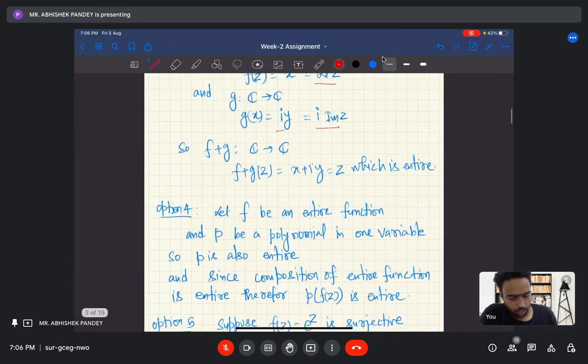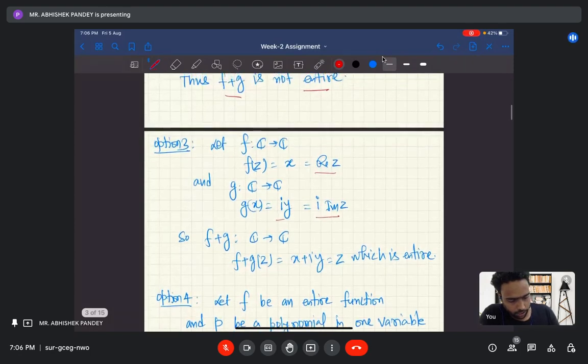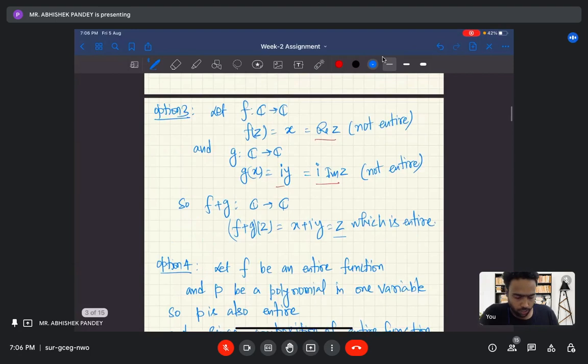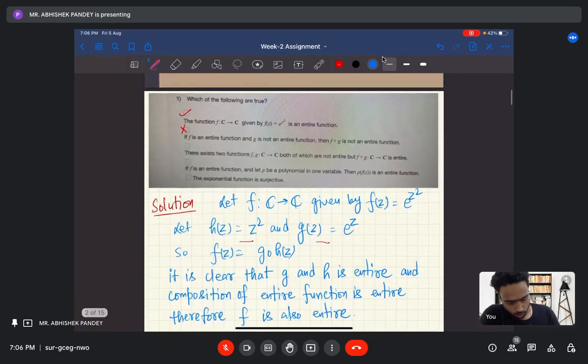Here we can see f is not entire, and g is also not entire. Thus (f + g)(z) will be x + iy, which is nothing but the identity mapping, which is entire. So basically you can construct two functions which are not entire but their summation is entire. So option C is also true.